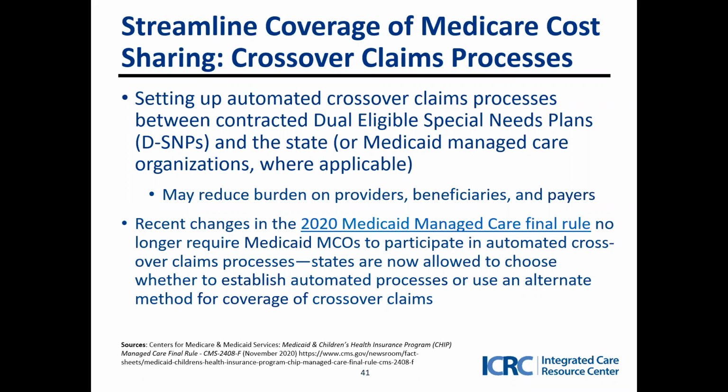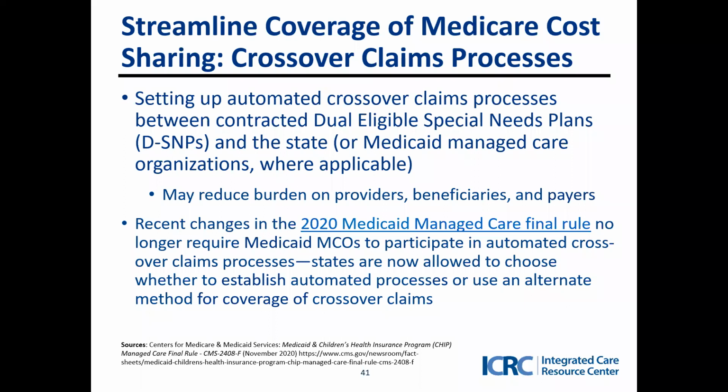Automating the crossover claims process makes the billing process easier for providers who can simply submit one claim for payment, which is then automatically crossed over from the DSNP to the state or the Medicaid managed care plan for Medicaid coverage. For beneficiaries, this can make it less likely that they experience improper billing or be denied access to care. And for states and plans, they'll no longer have to use manual processes to identify claims for which the state or the Medicaid MCO owe payment.